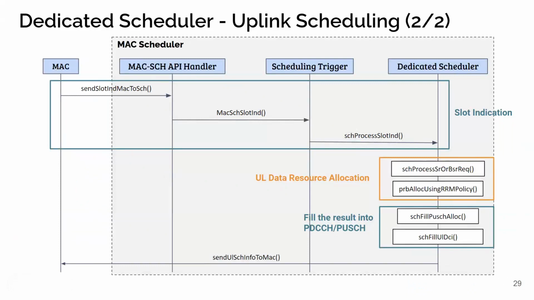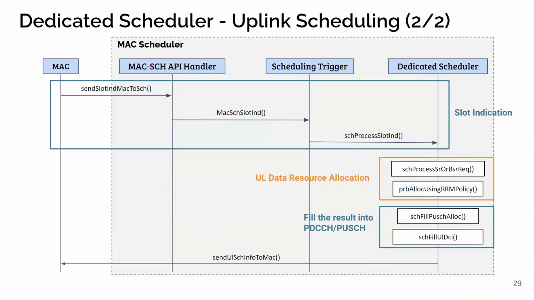Where does the base station decide the modulation and channel coding here? You mean the MCS, right? Yeah, MCS. I think it will be integrated in the DCI, carried by the DCI.